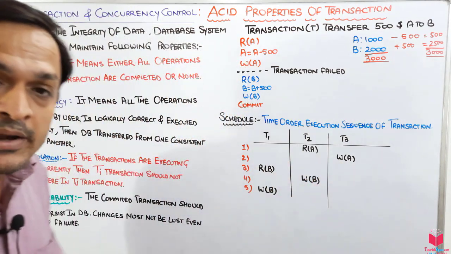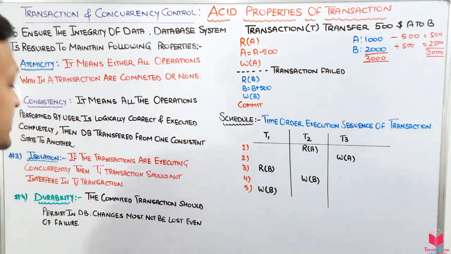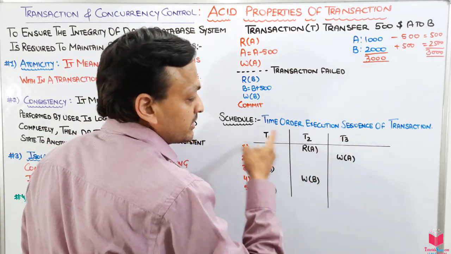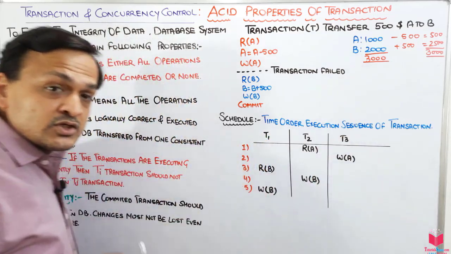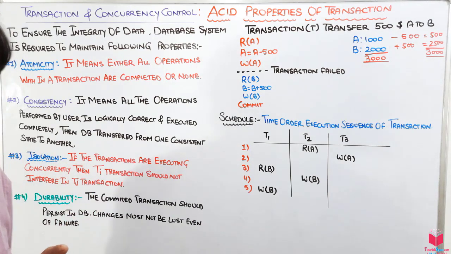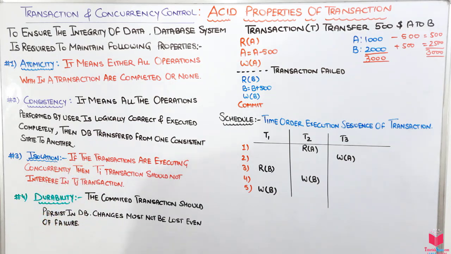This means we are providing the CPU parallelly to every transaction. So this transaction should not interfere with that transaction, or T3 should not interfere with T1. Then we say the transaction is going under isolation. One transaction should not depend on another, and there should not be any interference between two transactions.